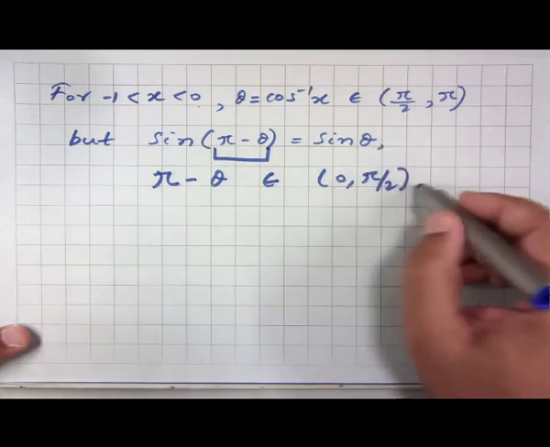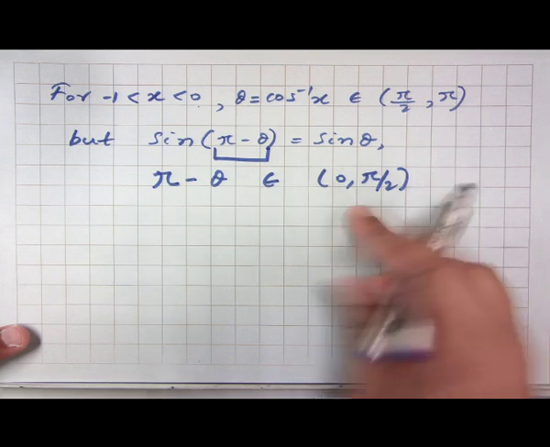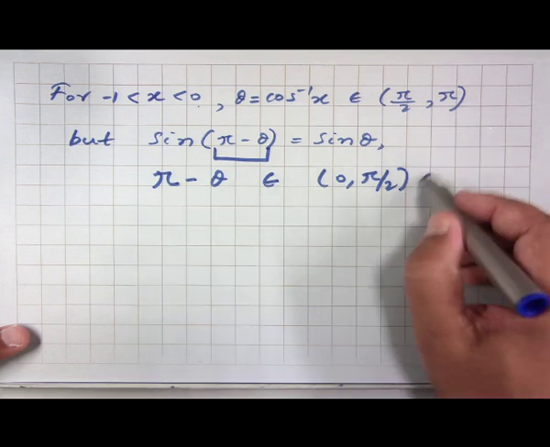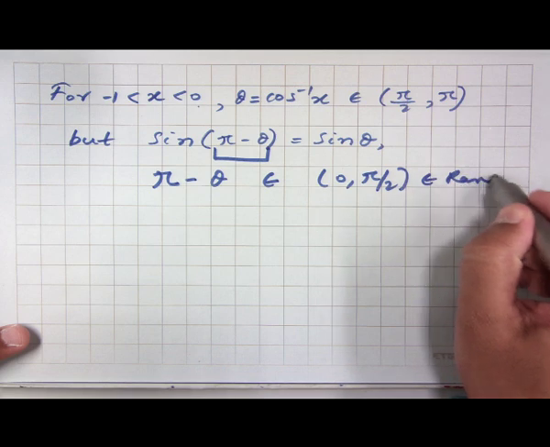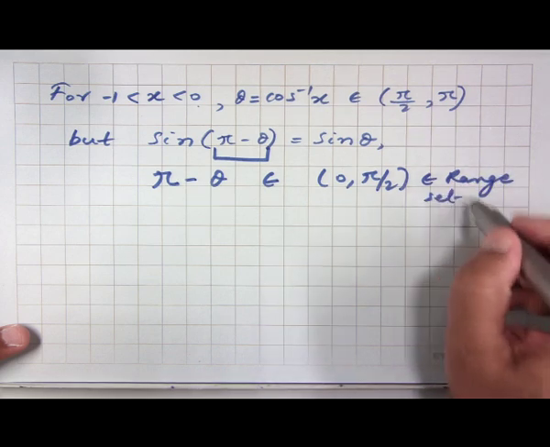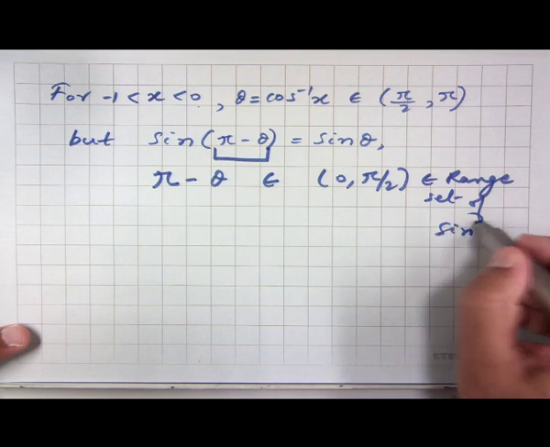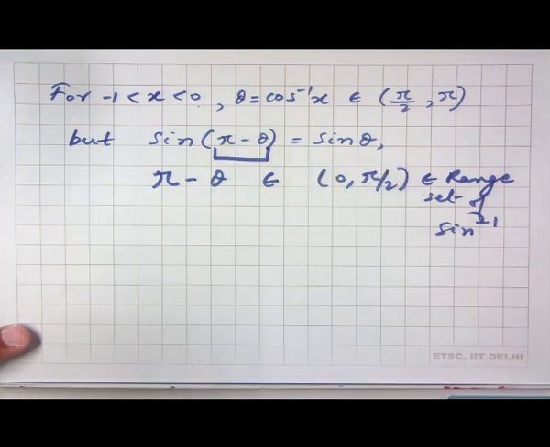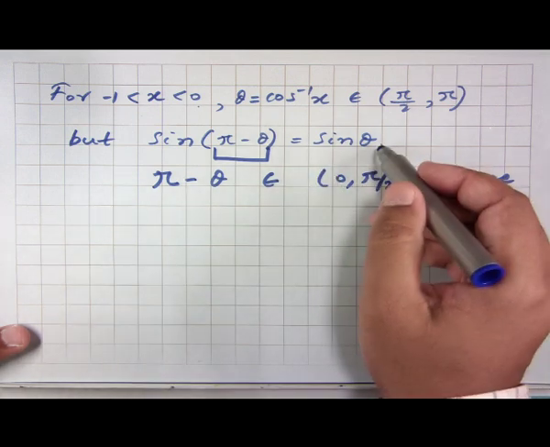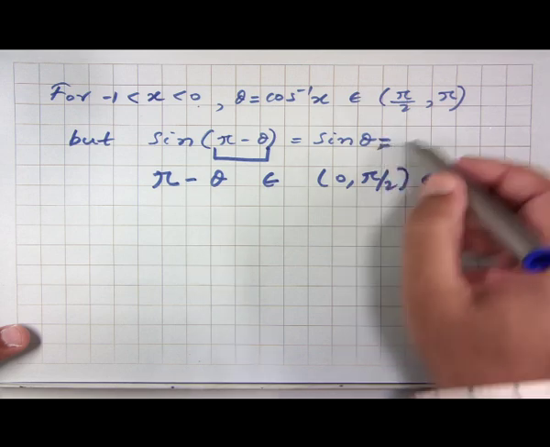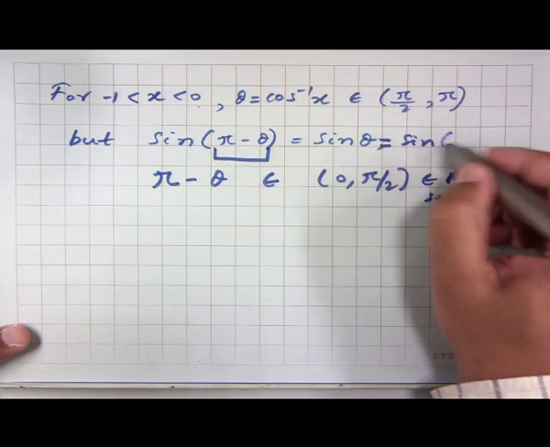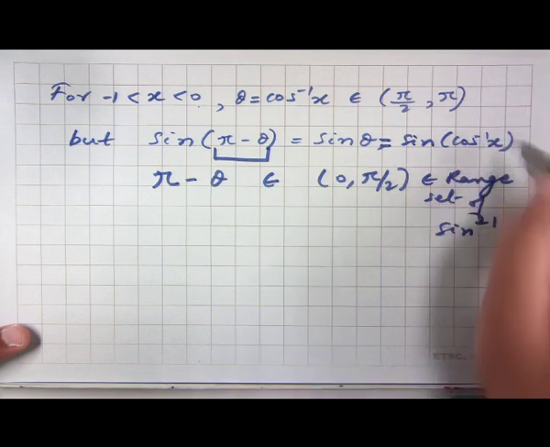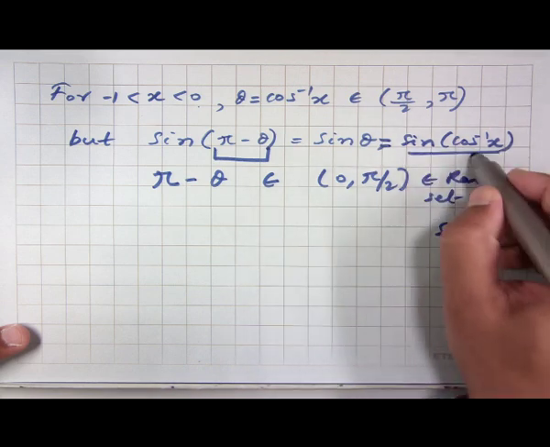And this interval 0 to pi by 2 now belongs to the range set of sine inverse. So, this is the basic trick that has to be done. Of course, this sine theta is actually sine of cos inverse x, and that is given in the problem to be half.